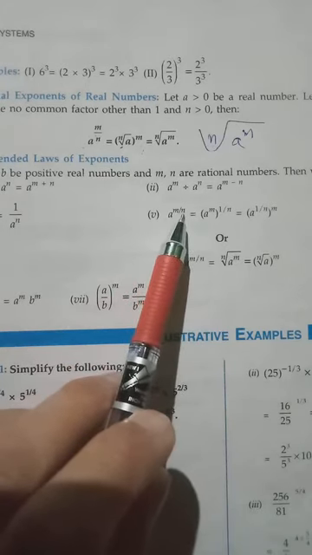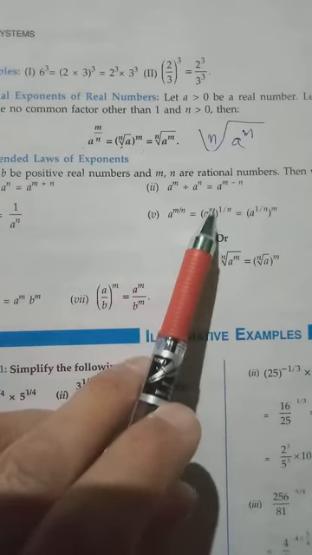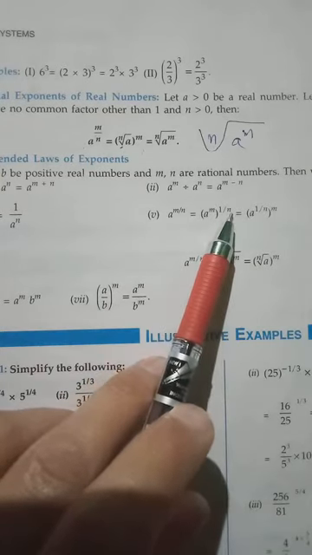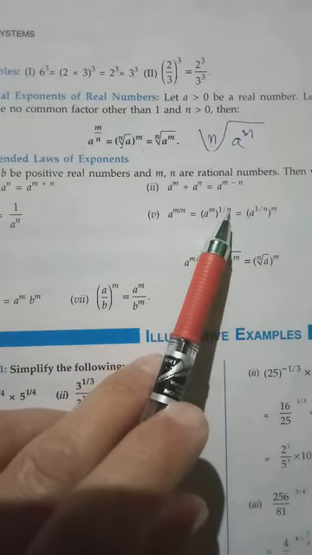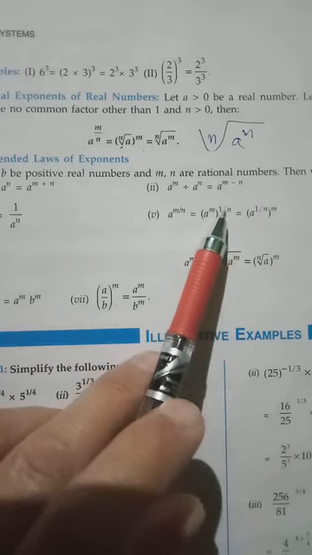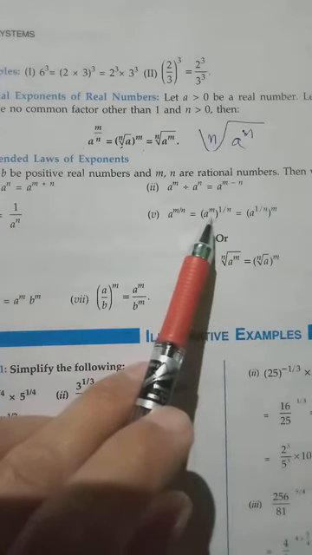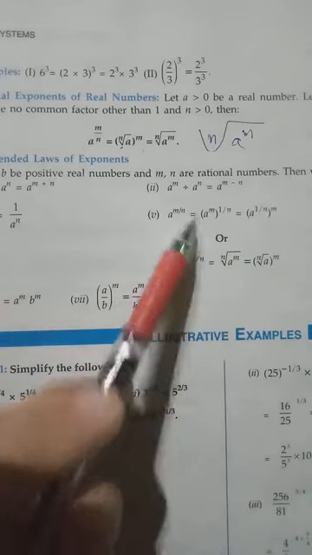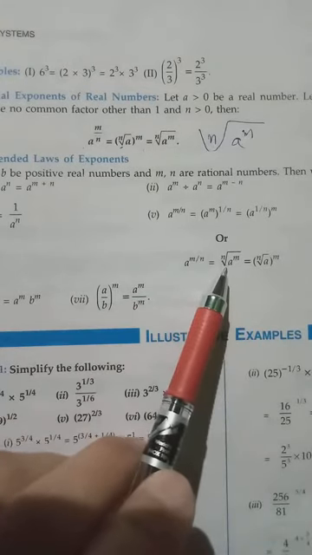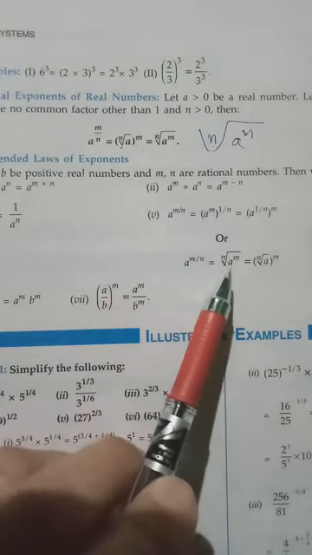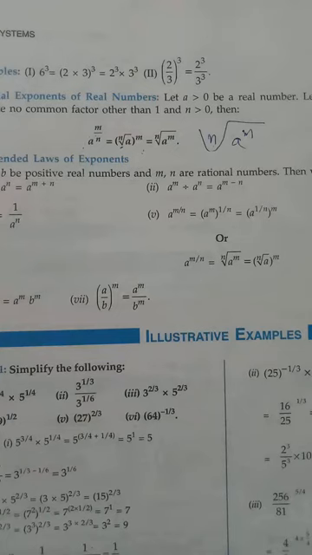A to the power 1 by n means a to the power m whole 1 by n. When it's written 1 by n, it stands for the radical sign of order n. If you write it this way, it is exponential form. If you write it this way, it will become the radical form. So using those laws, we will solve the next exercise. So please read those laws and try to remember them.